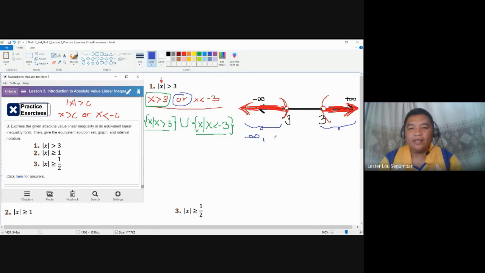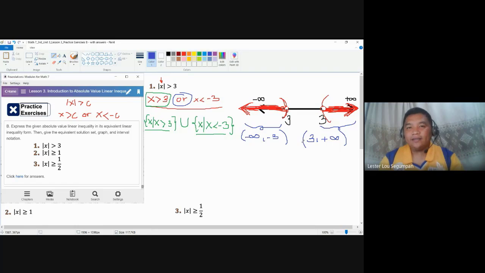The rightmost value is negative 3. Infinity is always open. And since we use parentheses here, use parentheses for this area as well. For the second interval notation, we start with 3 and we go towards positive infinity. Infinity is always open, and 3 here is parentheses.